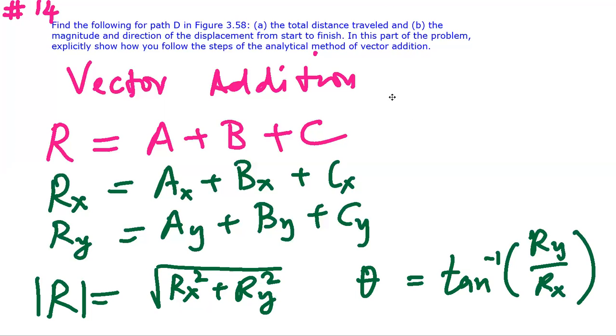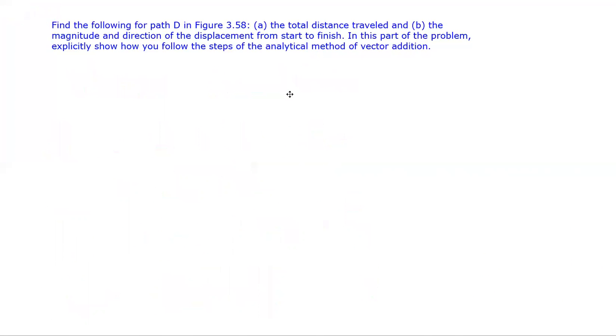So let's apply these steps to the problem given. Part A says find the total distance. So again, that is straightforward. So the distance will be equal to what?